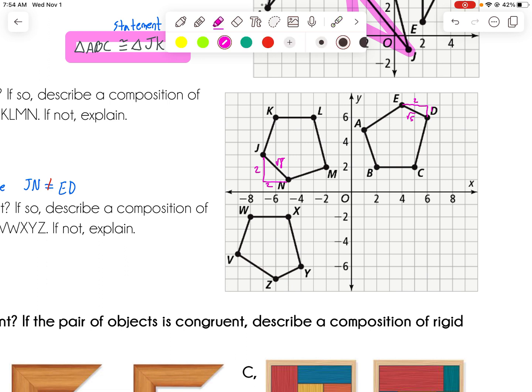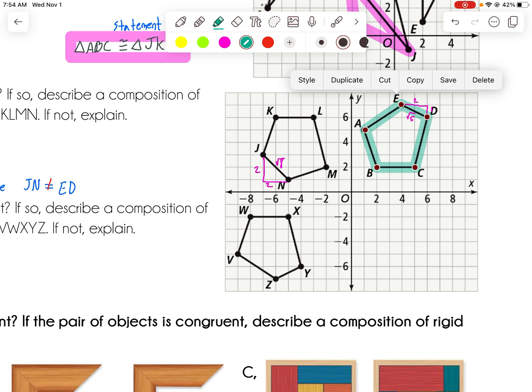Well, let's start off by drawing the pentagon for ABCDE. There we go. Okay, and I'm going to move that around. Now, I want to move it and translate so that at least 1 point matches.